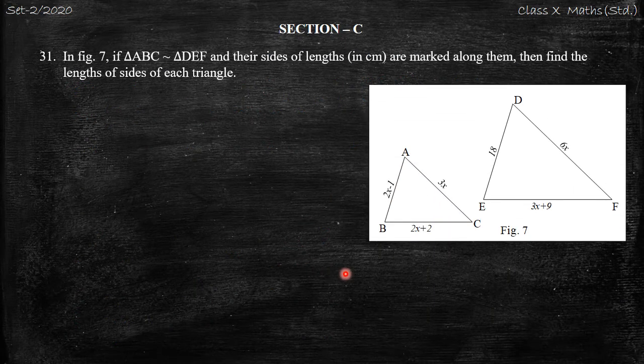Okay, next one. It is related to similar triangles. So two triangles are given, they are similar. We know that for similar triangles, the corresponding sides are proportional.